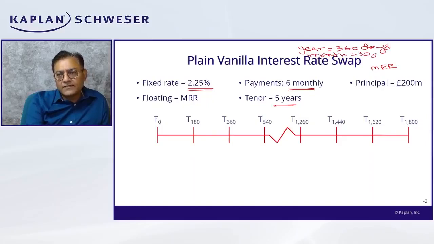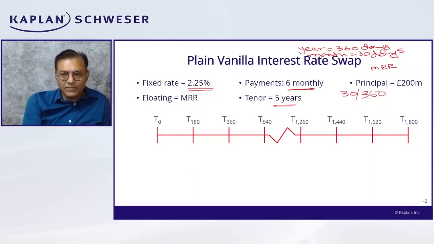This is the 30/360 convention. So for ease of computation, it was determined that we use this 30/360 convention when it came to MRR, or previously LIBOR.